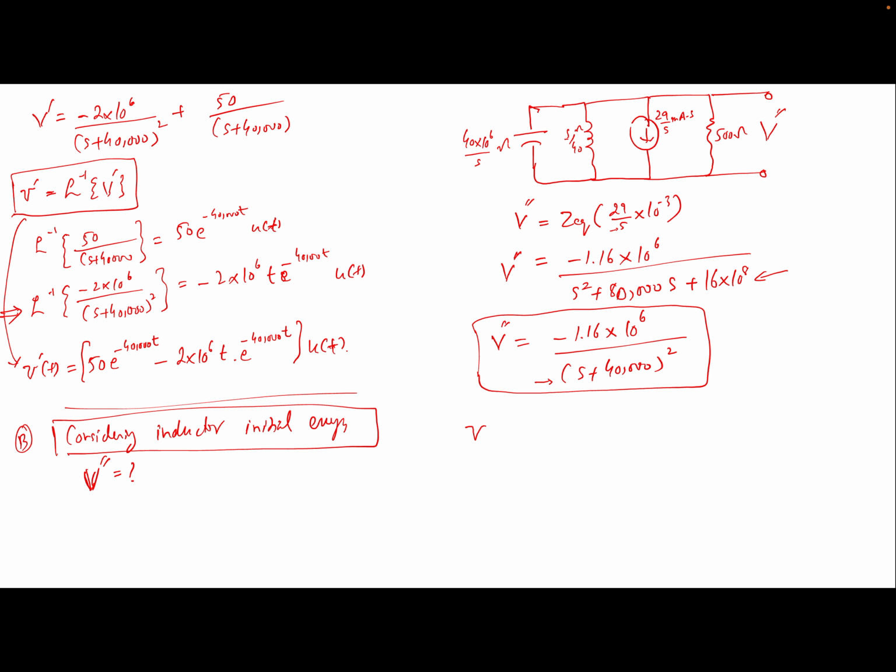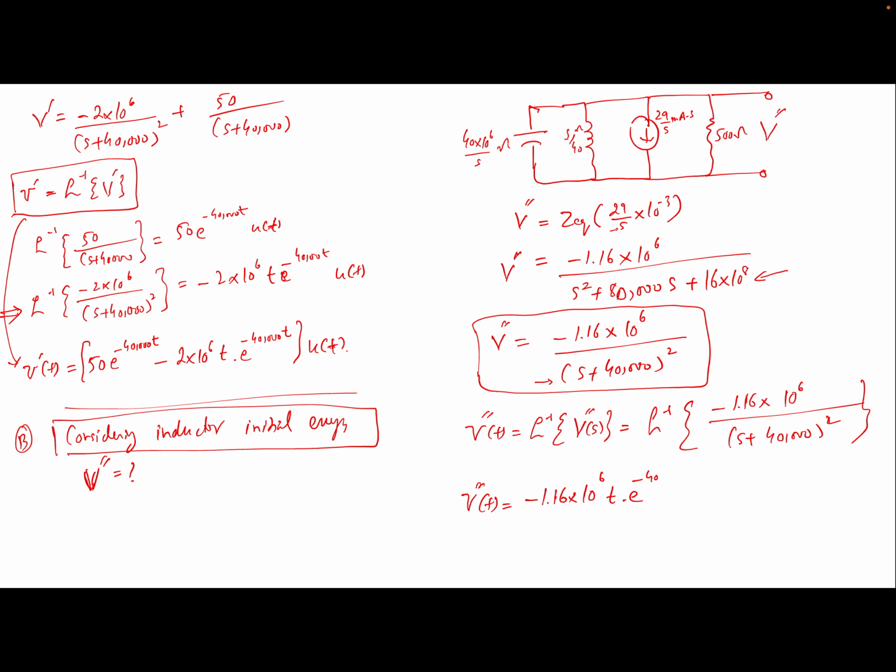So v double dash in the time domain is Laplace inverse of v double dash in s domain, which is Laplace inverse of minus 1.16 times 10 to the 6 over s plus 40,000 whole square. Okay, so once you do that, this v double dash in the time domain comes out to be minus 1.16 times 10 to the 6 times t e raised to power minus 40,000 t step function u of t.